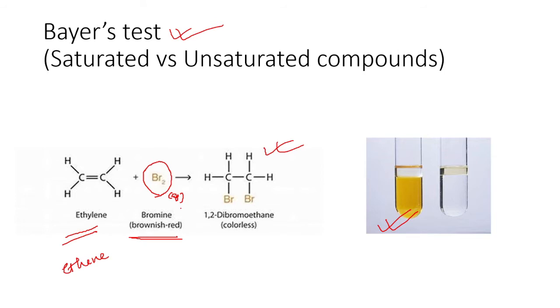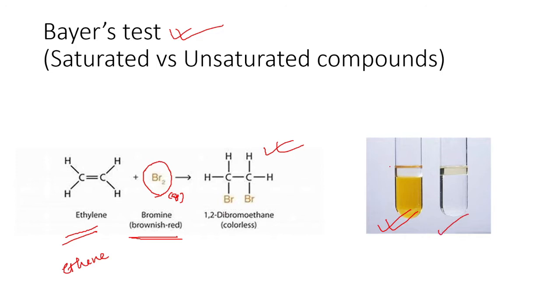That is the different thing. But this bromine water, which was giving the brownish red color to the solution, will be partially extinguished in the formation of dibromoethane from ethene, so the solution will turn colorless.